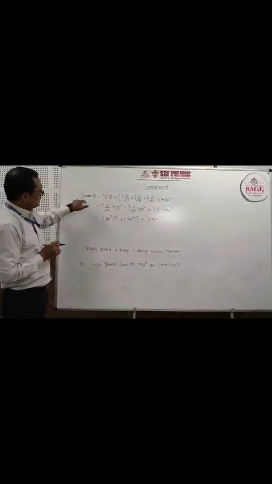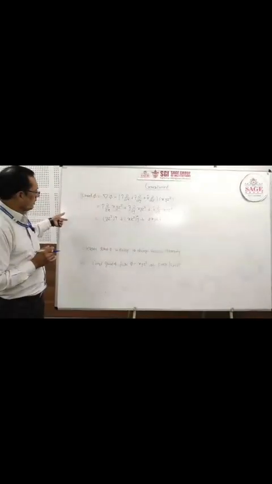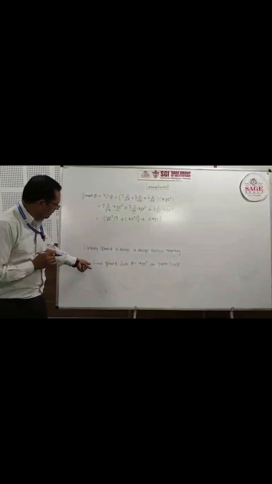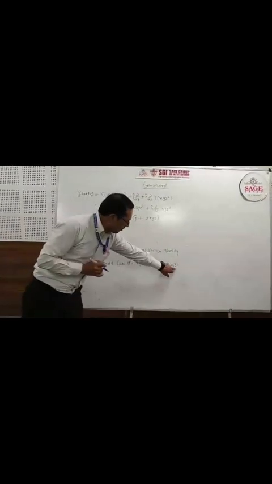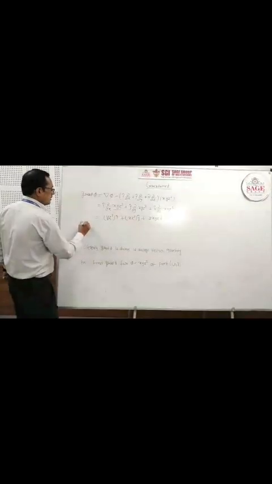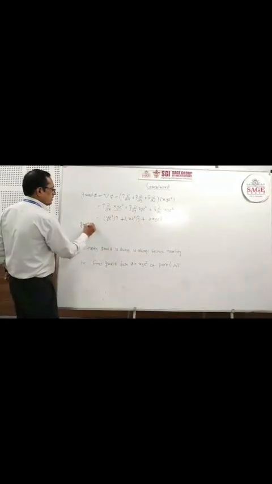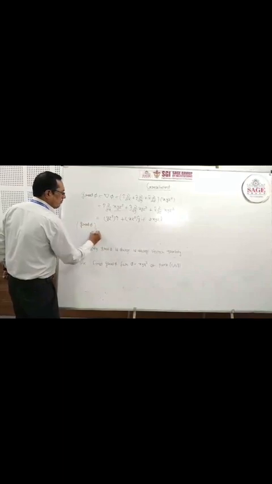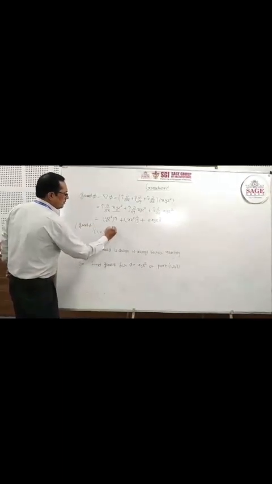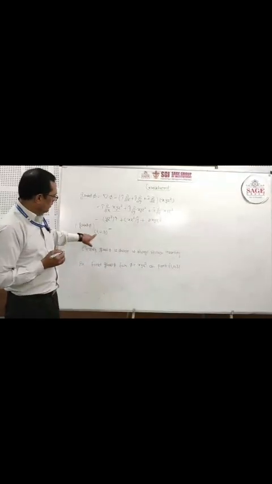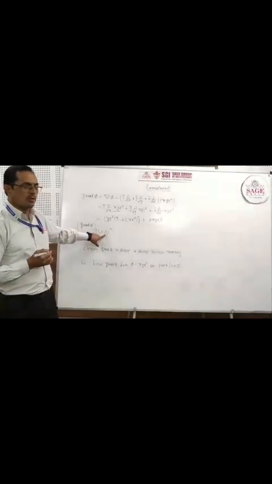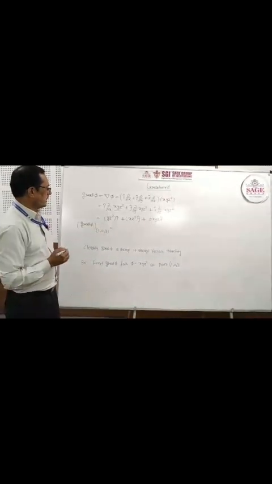Now this is the gradient of phi, but in the given problem we want the gradient of phi at the point (1, 0, 3). Now we find the gradient at the point (1, 0, 3). It means x is replaced by 1, y by 0 and z by 3 in the gradient of phi.